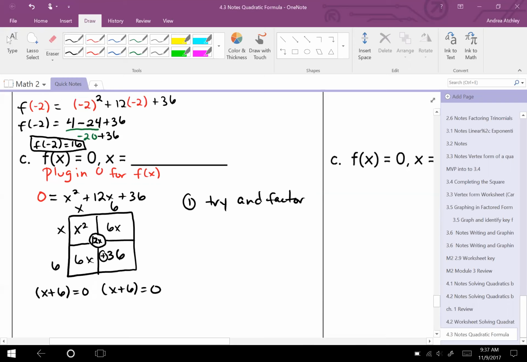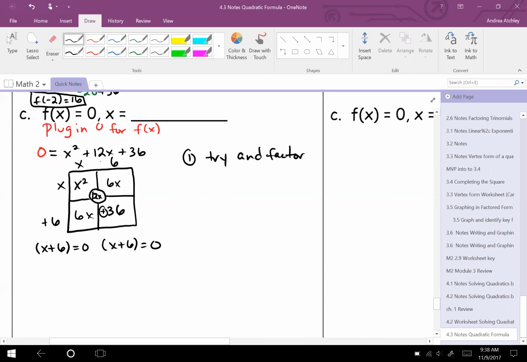Separate your factors and set them equal to 0. Everything was positive up here because everything was positive in my original equation. So I don't have to worry about negatives. So I'm going to subtract 6. I'm going to get x equals -6.